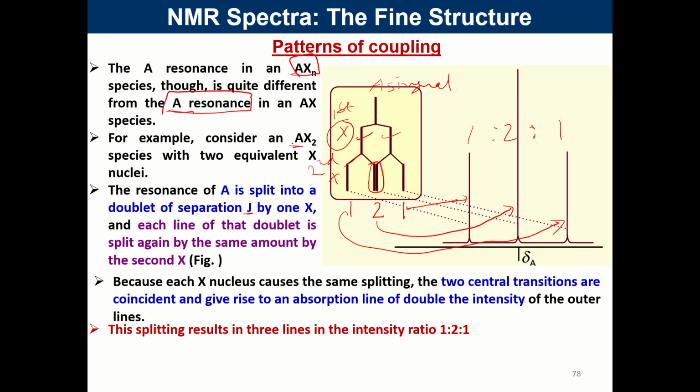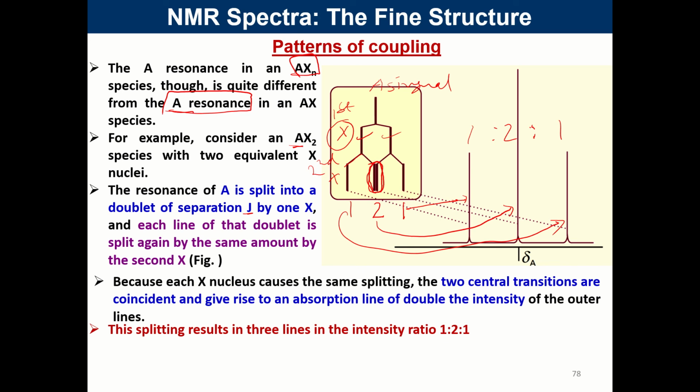The NMR signal for A will be split into a triplet. The final outcome is that, and we understand now that this triplet appearance arises because the first X interacts and splits the signal into two. Then each of these two signals is further split into two more signals, and two of them are at the same position in the chemical shift value.